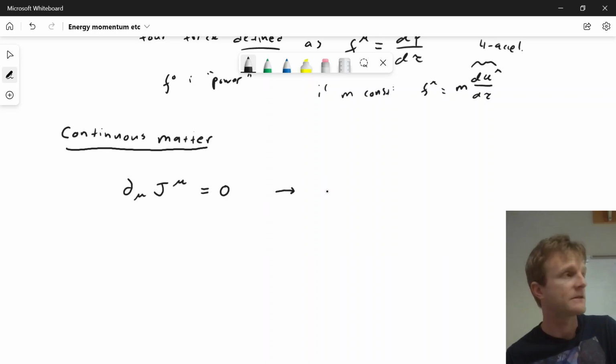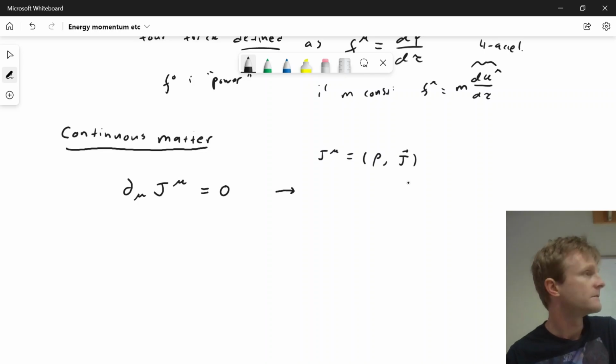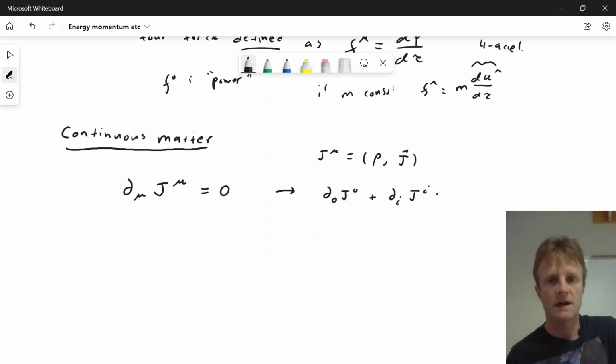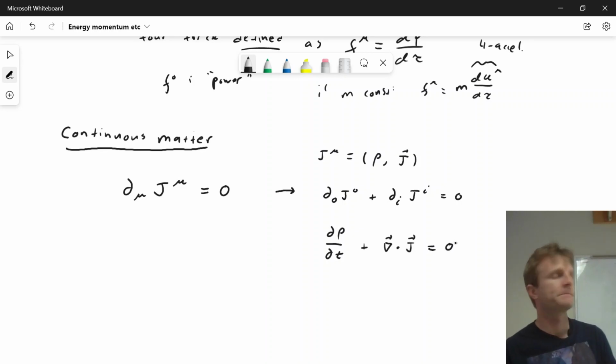Well, if we write this out, recalling that the four-current vector is composed of the charge density rho and the current density J, then this equation is del 0 J0 plus del i Ji equals 0, otherwise known as d rho dt plus the divergence of J equals 0.